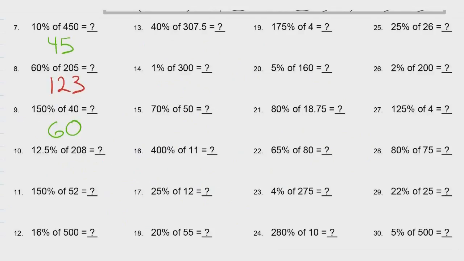Problem 10 says 12.5% of 208. You know what? For problem 10 and 11, I'm just going to show you the work, play a little bit of music so I don't have to talk so much.